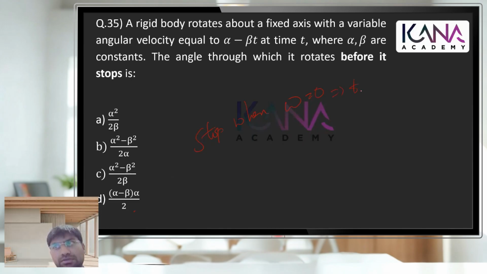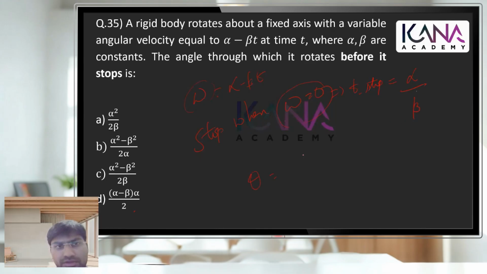That means the time to stop is alpha by beta. If you just apply this equation, because they were given angular velocity as alpha times beta t, and you substitute this as 0, we can find t as alpha by beta.